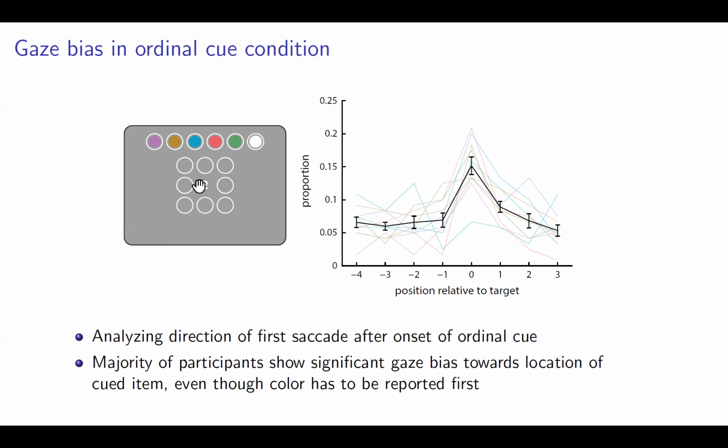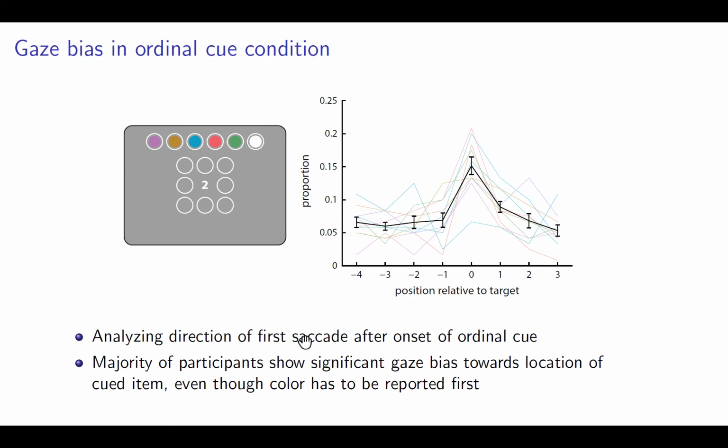So we analyzed, immediately after the cue appeared, where participants were looking. Of course, to some extent they should be looking at the colors, but what we found is that participants did have a gaze bias: they looked more often towards the location where the item appeared immediately after the cue was shown, before making the color response.